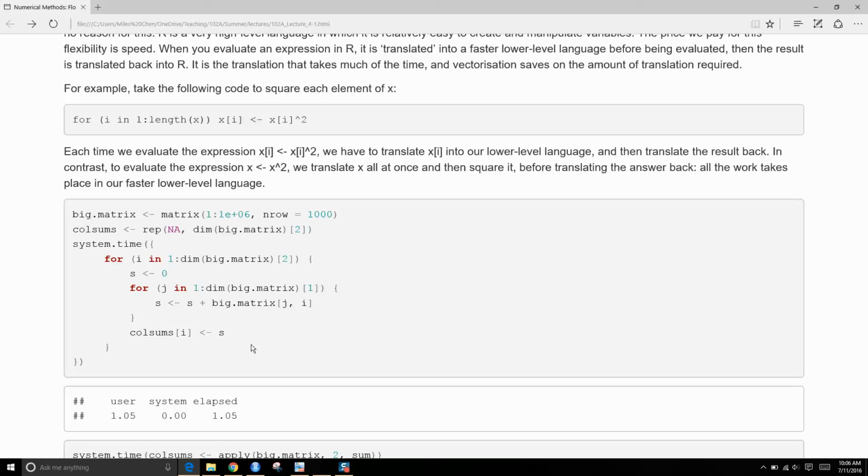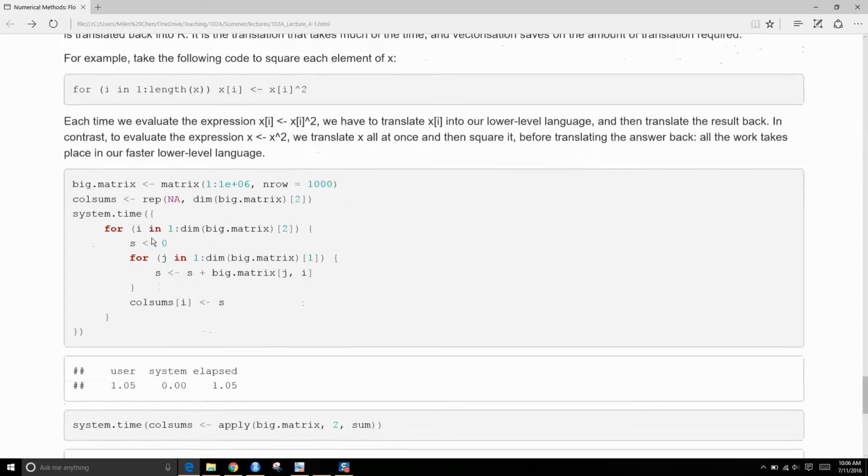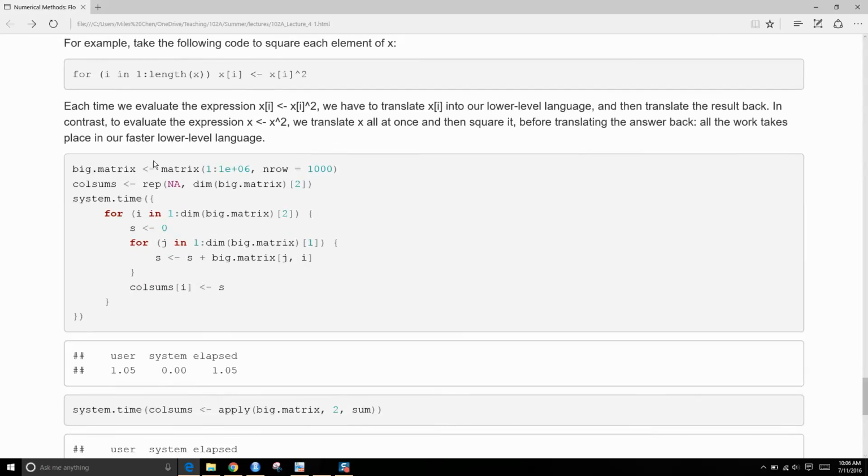into machine instructions is very different. So here, for example, we're going to create a matrix with 1,000 rows and 1,000 columns. There's a million numbers here, and we want to create column sums.